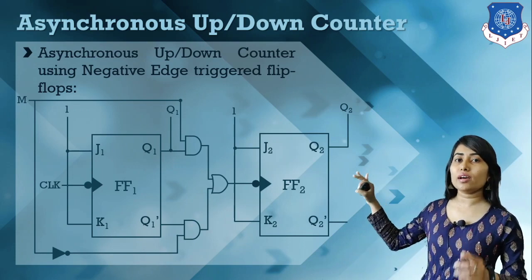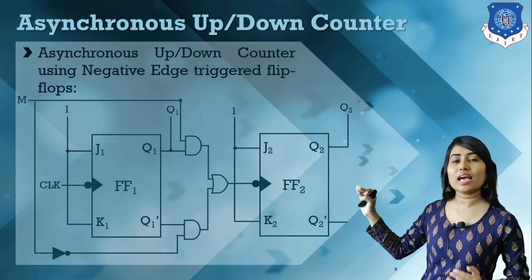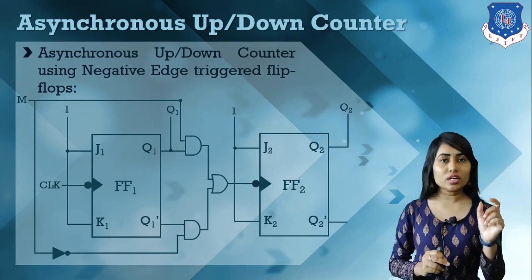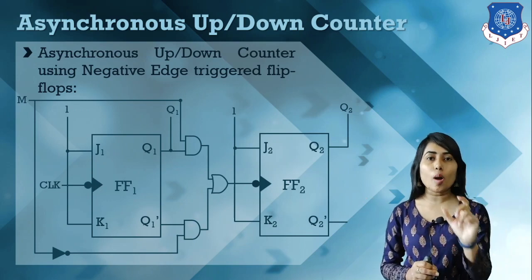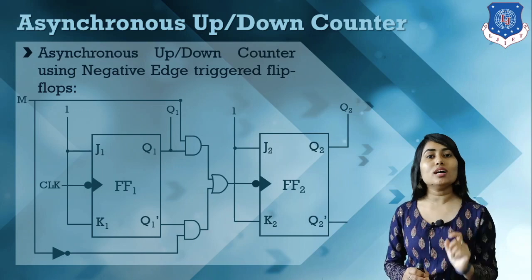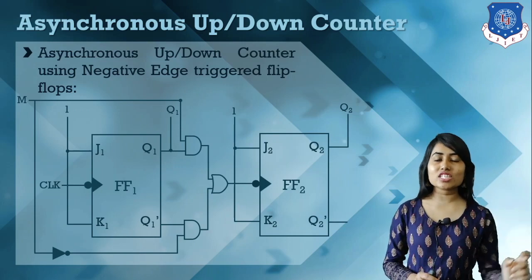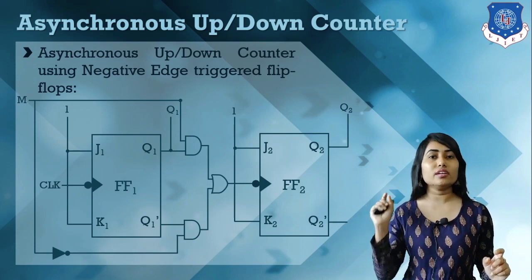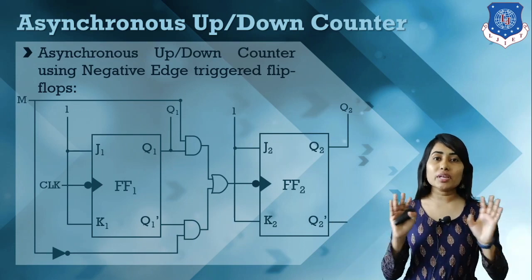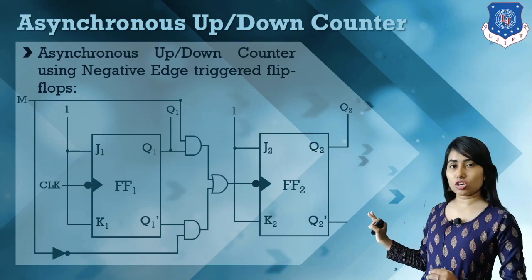Here we have the mode signal M. We calculate this combination, MQ plus M dash Q dash. MQ is used to count in the up direction and M dash Q dash counts in the downward direction. The combination of both is connected as the clock over here. This M is connected with Q and ANDed, so we have MQ.